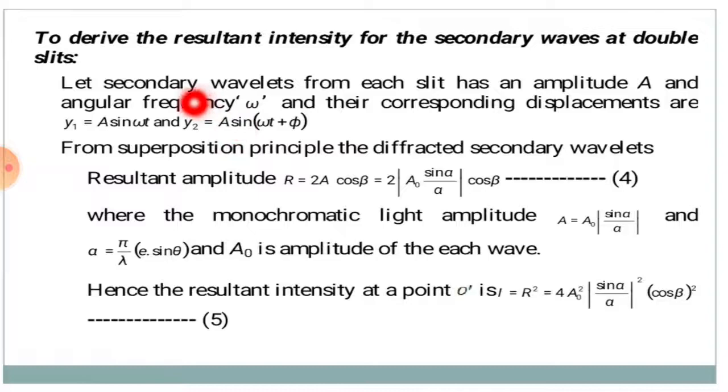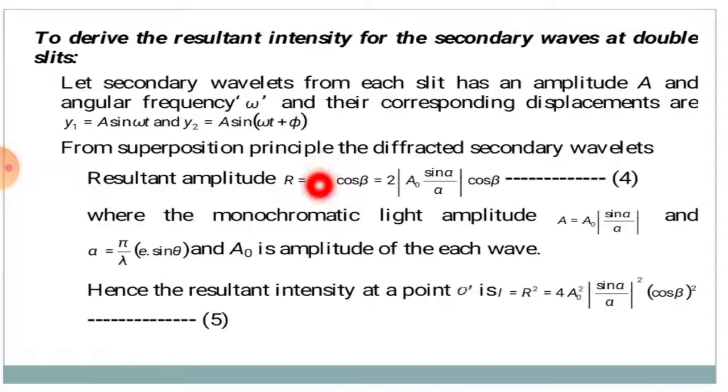Now we apply the principle of superposition to these two expressions. We will get the resultant amplitude of the beam diffracted from two slits. Here R is equal to 2 A cos beta. Here A is the amplitude of the wave diffracted from a single slit.